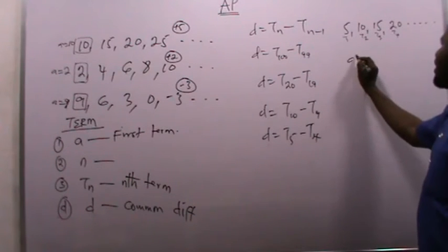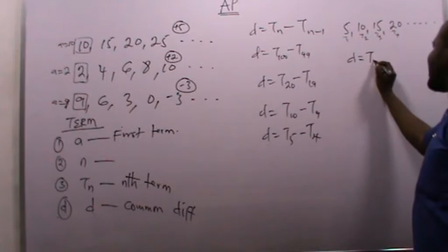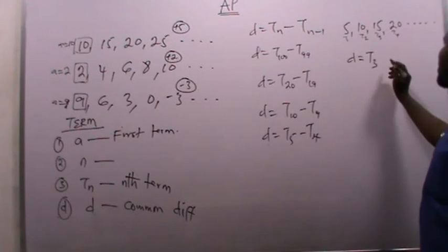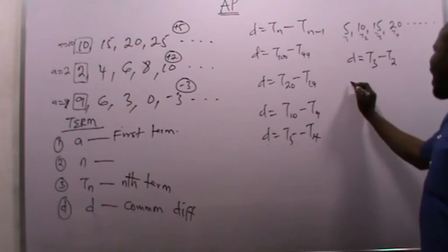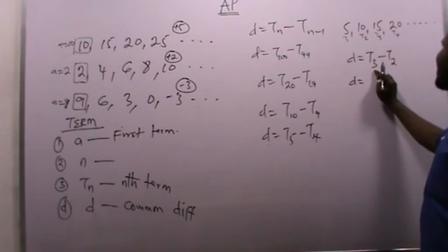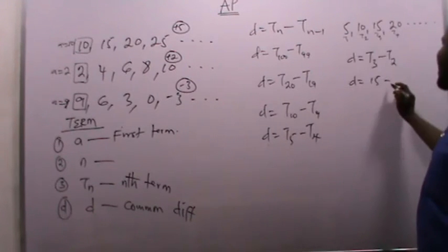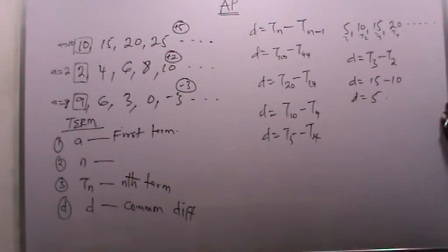I can now say, common difference is, I'll just choose any term, T3, but the term must be among the given terms. So I say T3, it means I'm going to subtract T2 from it. What is T3? The number there is 15. What is T2? The number there is 10. So my common difference will be 5. That is how you determine common difference.